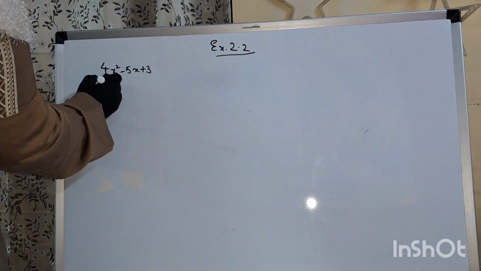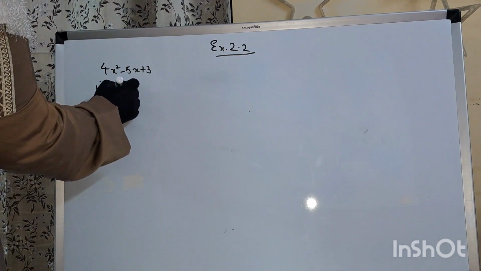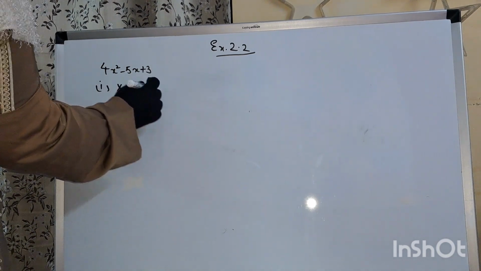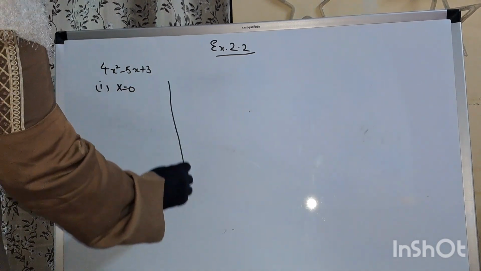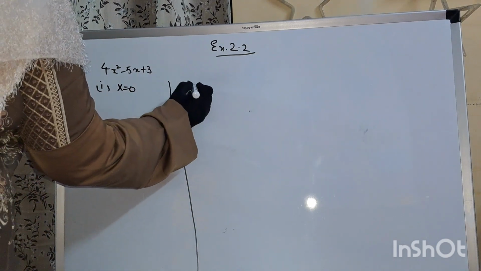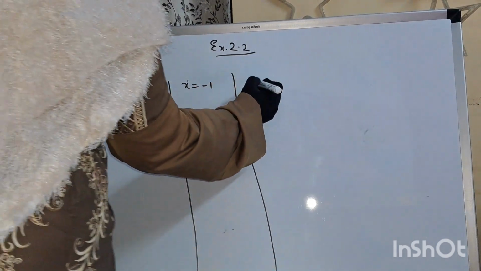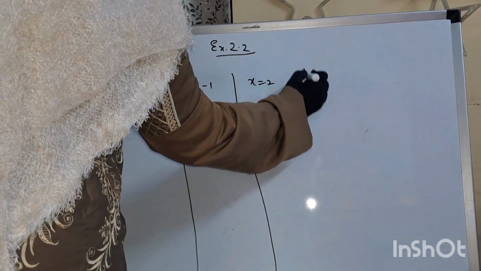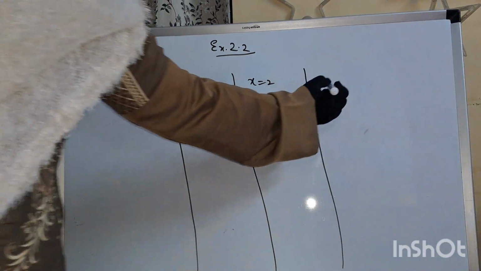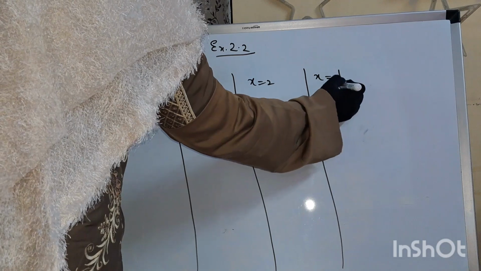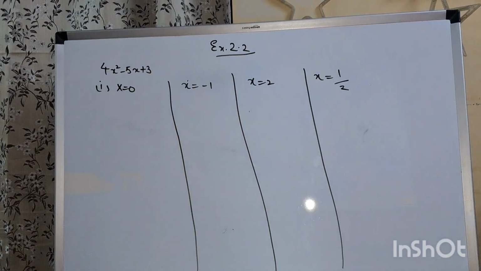So it means that you have to substitute in the place of x 0, minus 1, right, and 2 and 1 by 2. So these many you have to substitute and find the values of this polynomial.